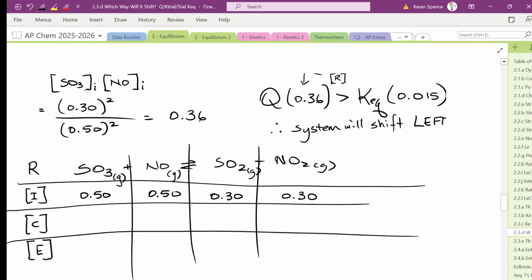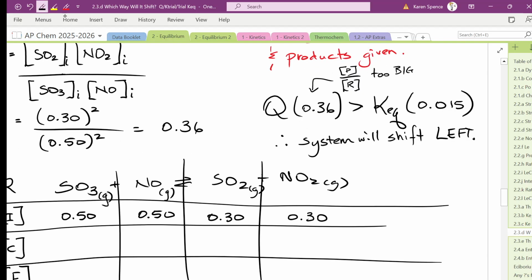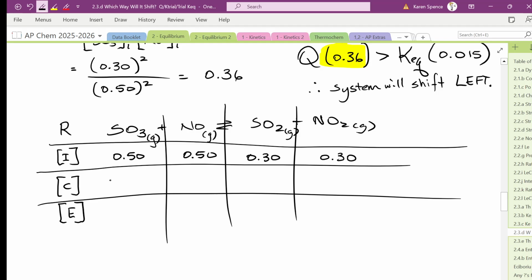The Q says, I've got too much product, because this value is too big, my product is too big. So I need to shift then to the left to use up that product. So we're going to put then our pluses over here and our minuses over here.